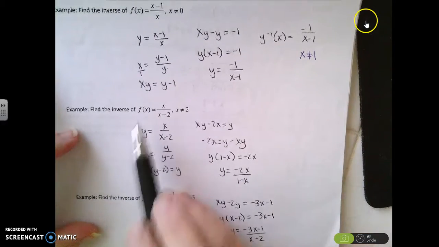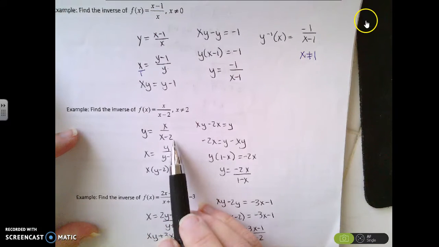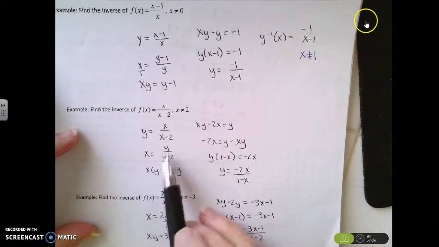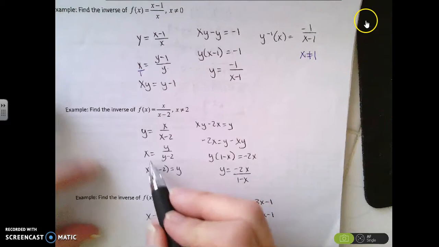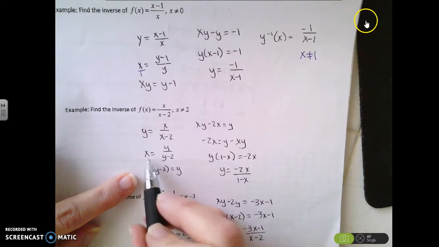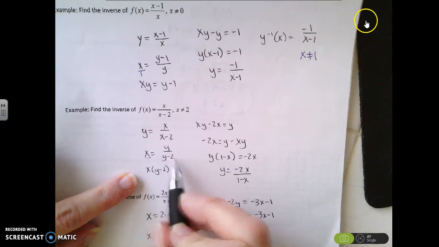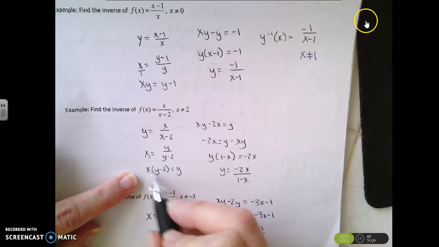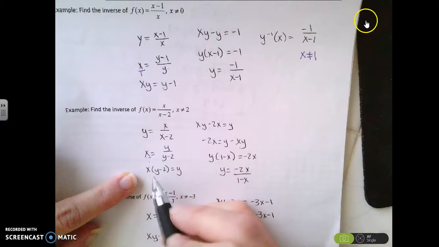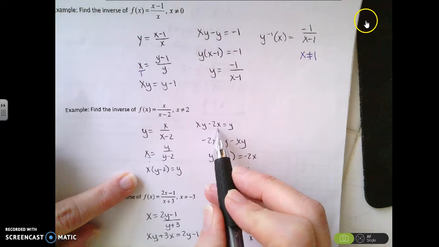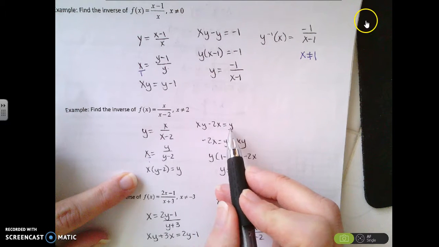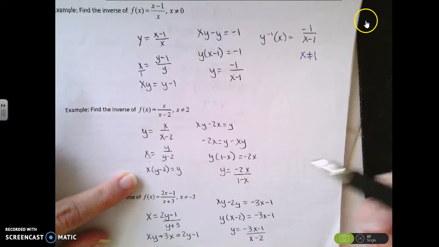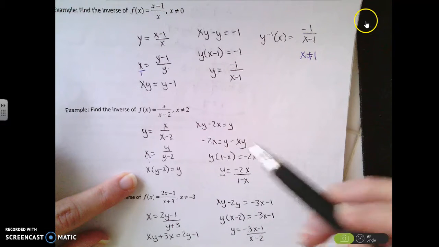So we have y equals x over x minus 2, and then I replace the x's and y's. Now when I cross multiply this time, I have to do x times the whole binomial y minus 2. So when I distribute, I get xy minus 2x equals that y on the other side. So again, I've got to get the y's together.